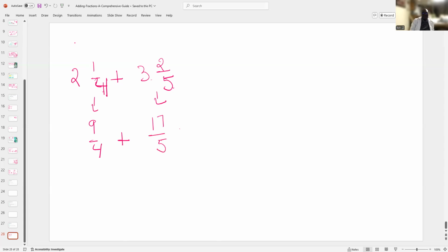From here, I can use the other approach, find my lowest common denominator, which is 20. 20 divided by 4 is 5. 5 times 9 gives you 45. Plus 20 divided by 5 is 4. 4 times 17 gives you 68.